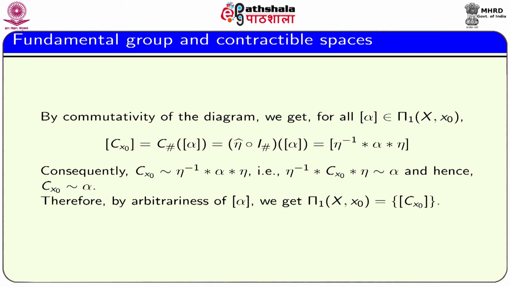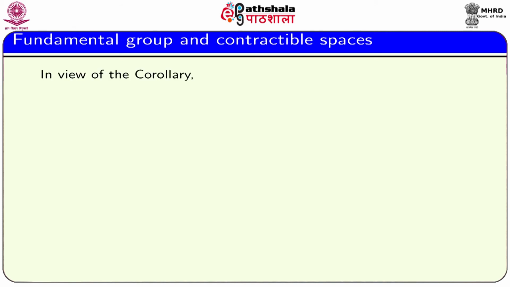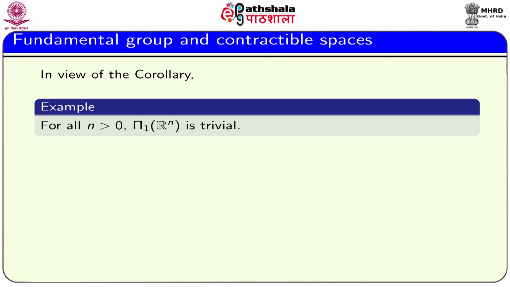So, by arbitrariness of the element class alpha, we have the fundamental group of X based at x0 is trivial. In view of this corollary, we have that the fundamental group of R^n for any n greater than 0 is a trivial group.